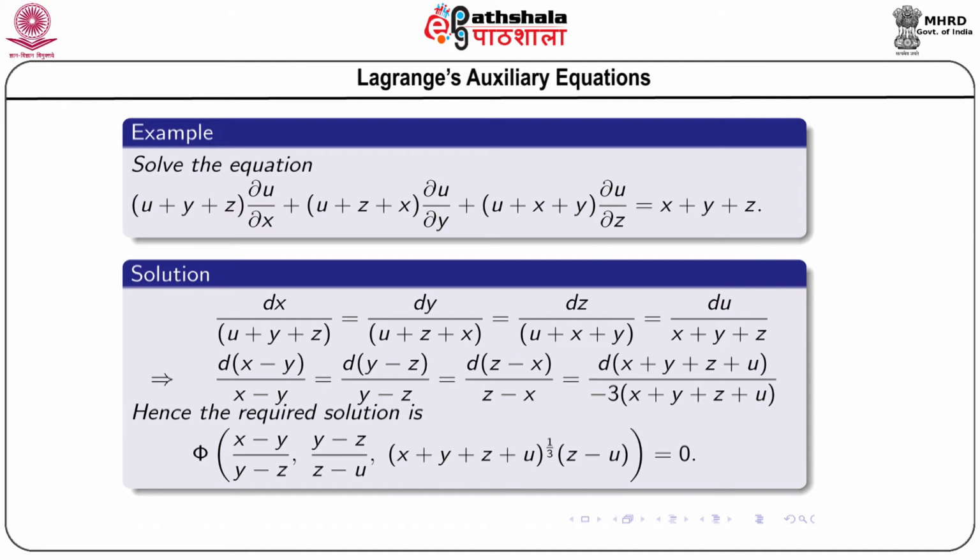So, from this equation one can obtain 3 integrals as (x − y)/(y − z) = c1, and another integral (y − z)/(z − u) = c2, and (x + y + z + u)^(1/3)(z − u) = c3. Therefore, the required general solution of the given equation can be written in the form of some function of u1, u2, u3 equals 0. So, this is our required solution.